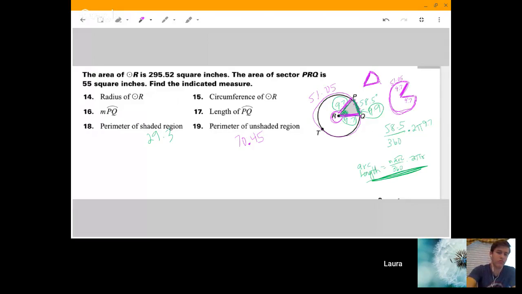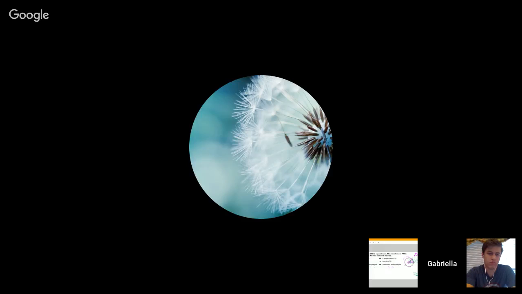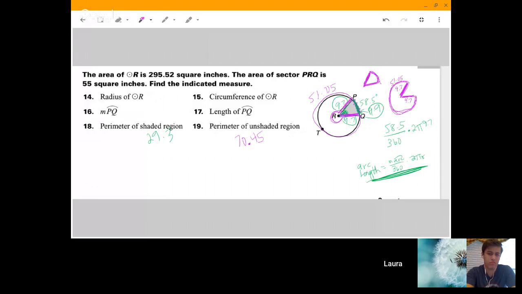So then you need the little Pac-Man mouth part too. So that's 2 radii, and each of them was 9.7. Okay, thank you. It's perimeter you did forever ago. It's just now some of the sides are curved instead of all of them straight.